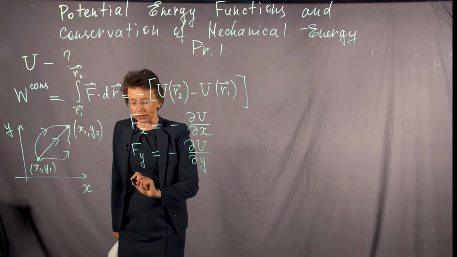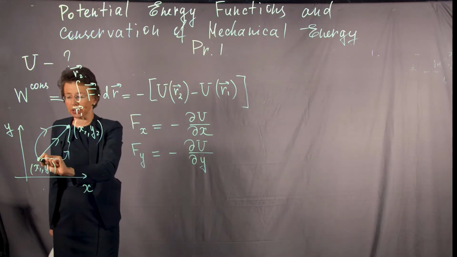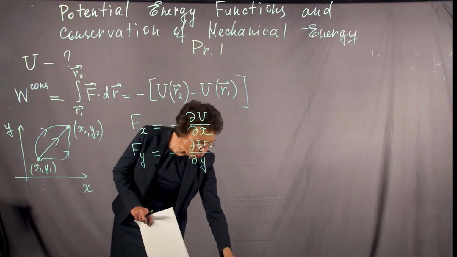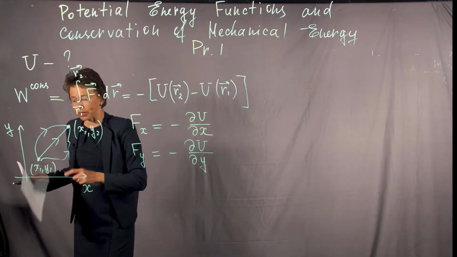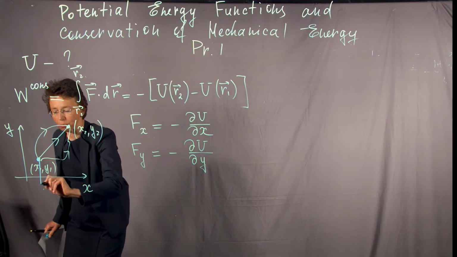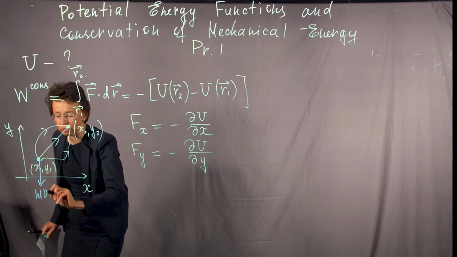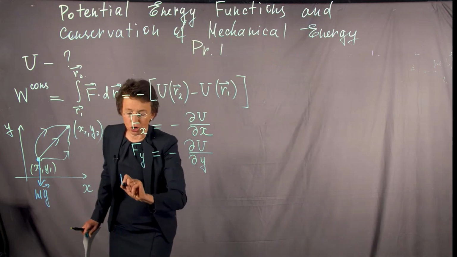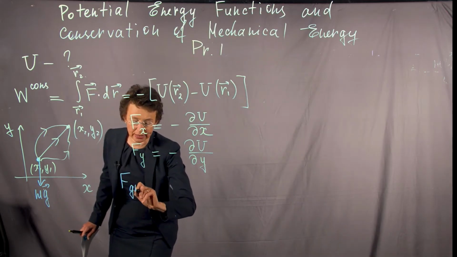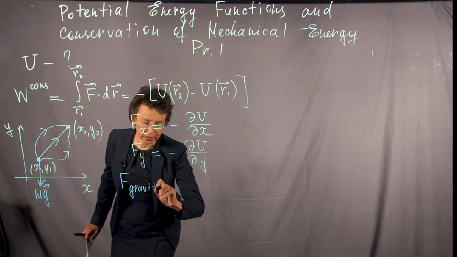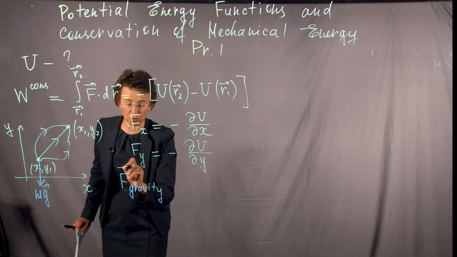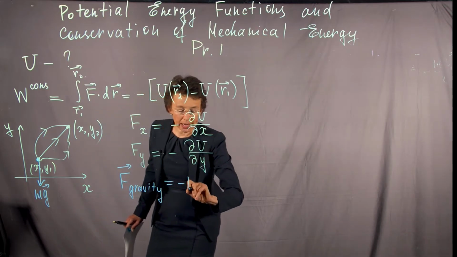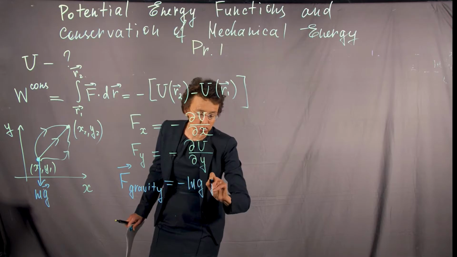For example, it is force of gravity. So here is the point, and there is force of gravity acting on this object that is at this point. Force of gravity, mg, is down. Force of gravity as a vector in my coordinate system with y up is minus mg j.